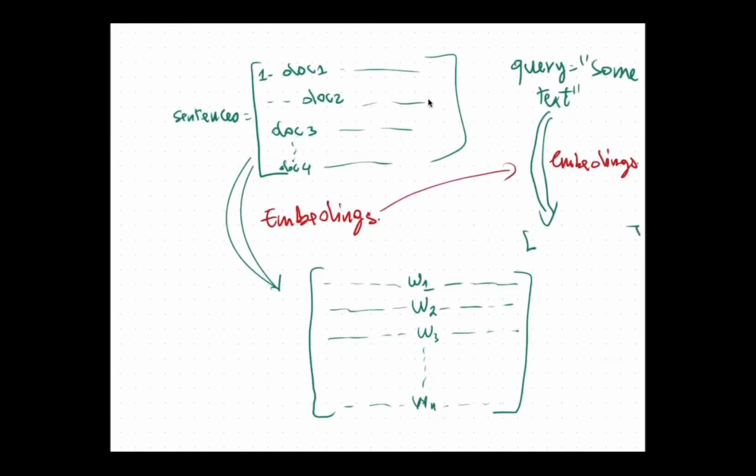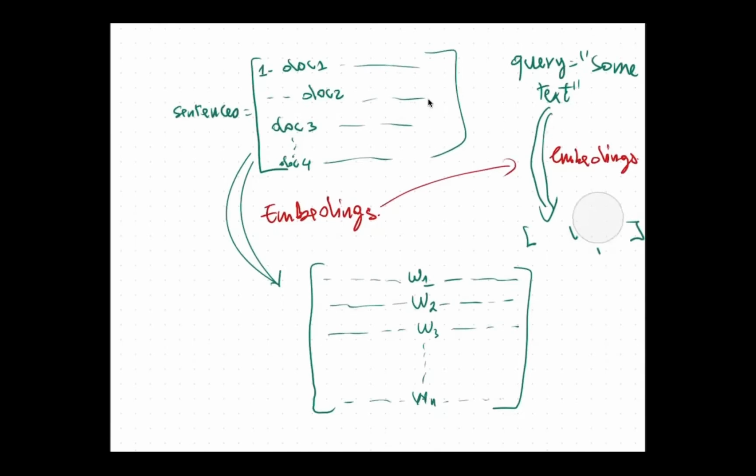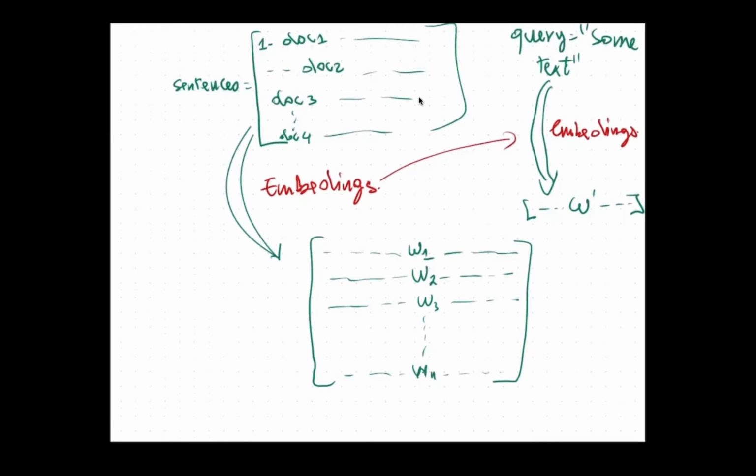We get the vector. Let's call this W prime. So this is just the vector of our query. Okay. Now what we want to do is retrieve the vectors that are most similar to our query.